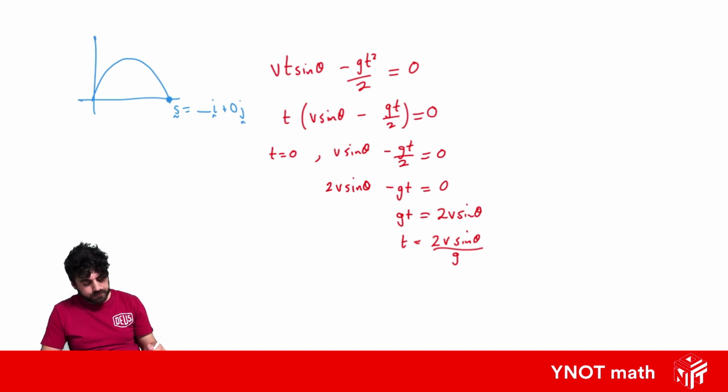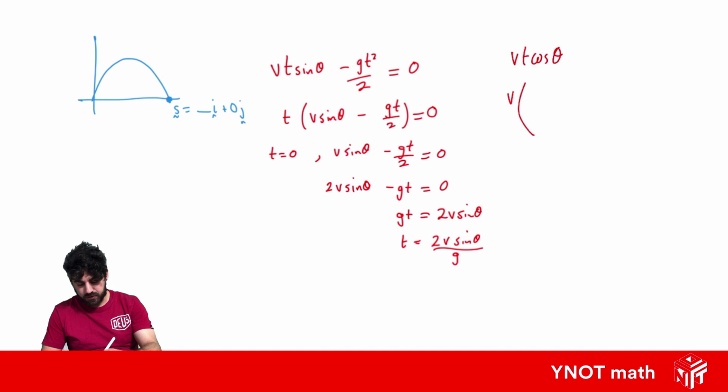Now we can also get the range of the object, so how far it's come across from where it was launched, by subbing that time into the x component of the displacement. Let's do that. The x component of the displacement is just vt cos theta, which will give us the range.